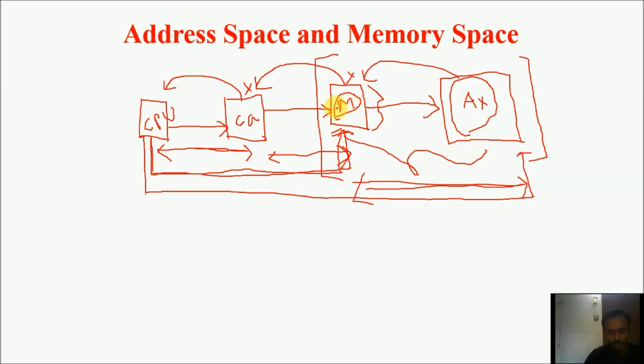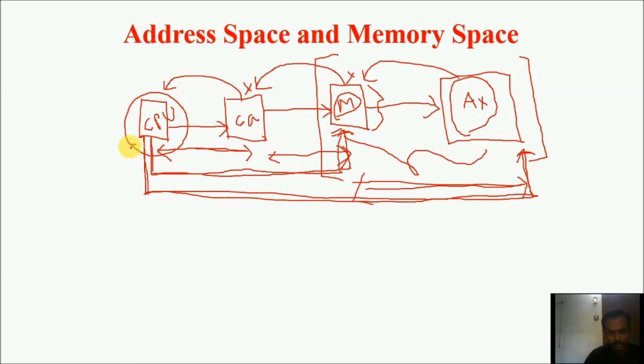So if the CPU has the provision to generate addresses equal to the size of the auxiliary memory, then obviously the CPU has the freedom to generate more addresses.